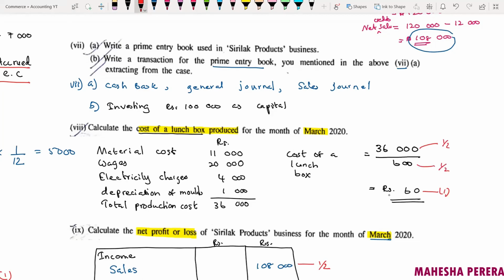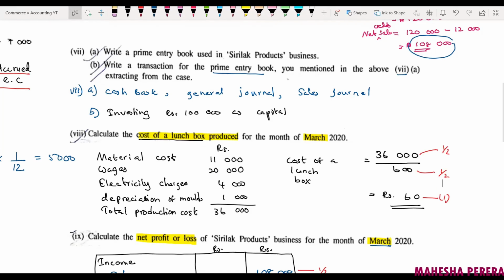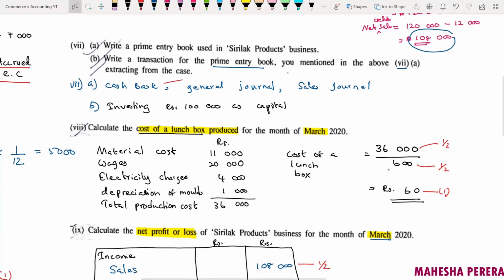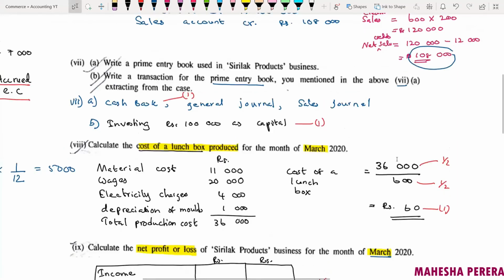This is actually total cost divided by number of units produced, right? Again, 2 marks. Then performance figure 7, 1 mark for the prime entry book and 1 mark for the transaction, right?